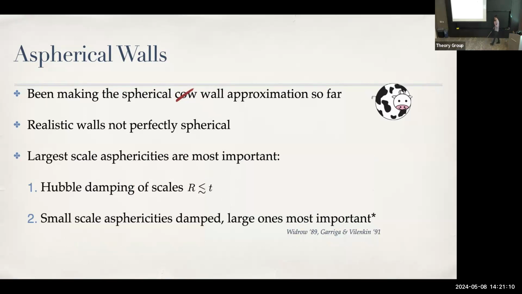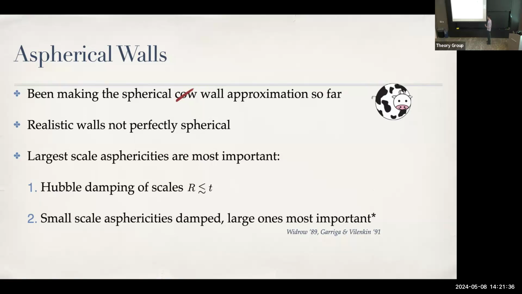I'll say that generally the largest scale asphericities on the walls are most important for two reasons. One, as I showed earlier on this kind of picture of scaling qualitatively, motion that is sub-horizon is free to move around, and it will typically intersect and emit axions or gravitons, and will damp away. So typically curvature that's much smaller than the horizon size gets damped from previous emission, previous motion.